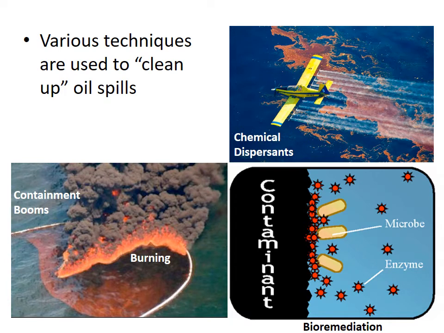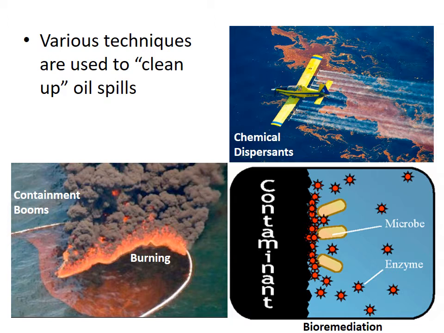Humans do various things to try to mitigate the impacts of oil spills or clean them up. If they can catch the oil spill early, when it still has a thick slick on the surface, they can contain the spill, at least partially, with booms, which are sort of like giant floating pool noodles that corral the oil and keep it from drifting away into further areas.